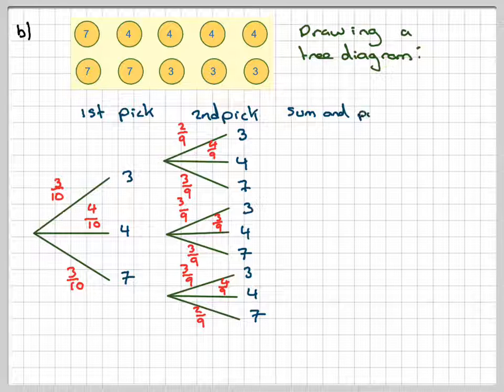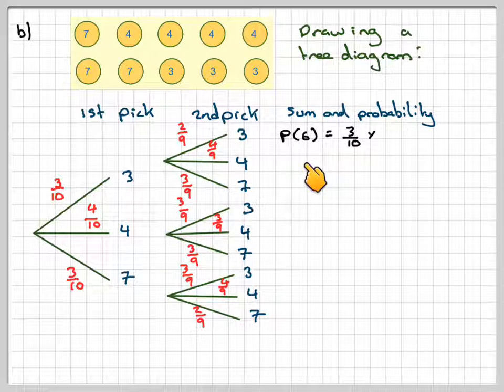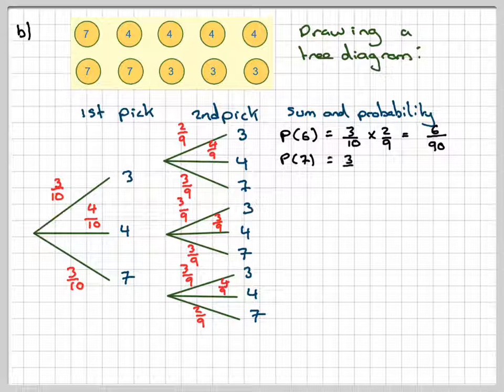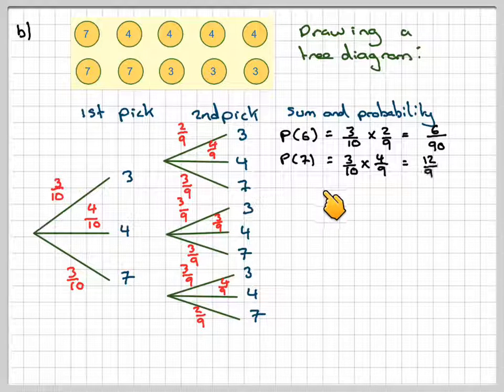Then working out the sum and the probability. So 3 plus 3 makes 6. So we consider the sum, so it's 3 tenths times 2 ninths, which is 6/90ths. Here we're going to get 7. So that's going to give me 12/90ths. Don't cancel these down because you're going to have to add them up.